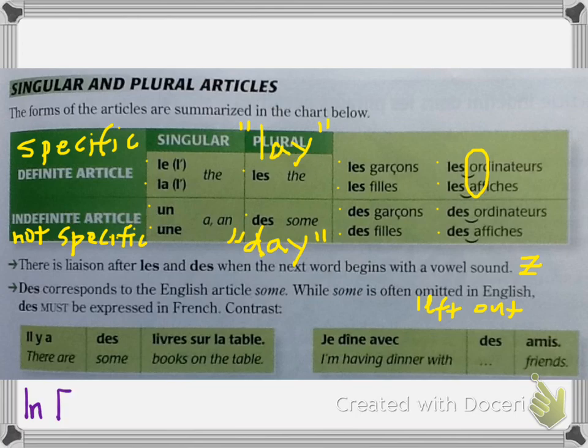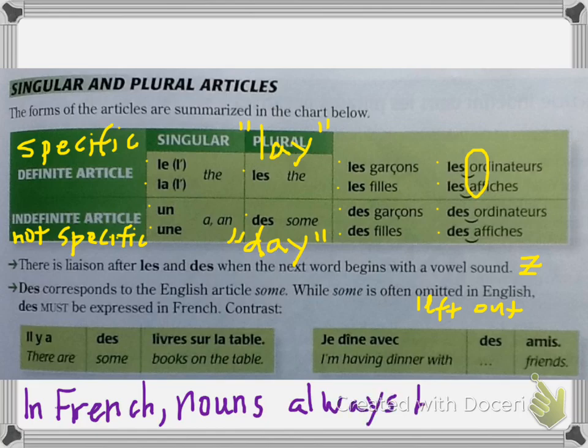In French, nouns always have an article. And again, we've talked about this a couple times. We don't ever use both articles at once, but we have to use one.